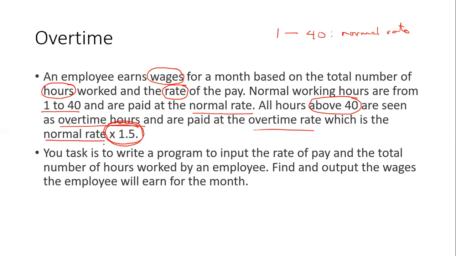So multiplying the rate by 1.5 is an additional amount that the person will earn for those hours that are above the normal number of hours. So if the employee works more than 40 hours, then there is overtime.